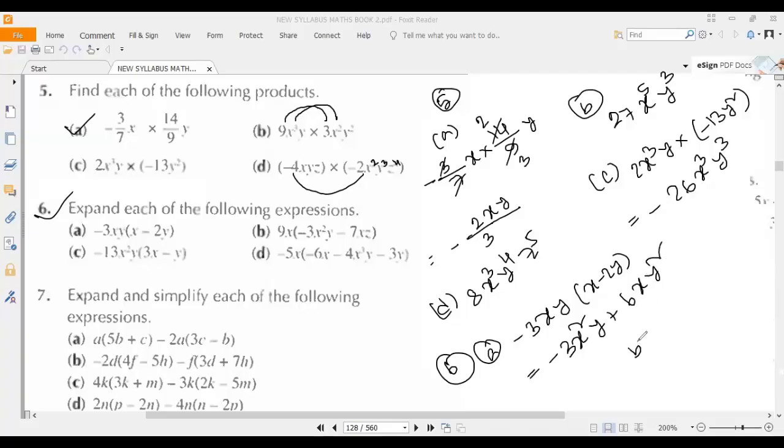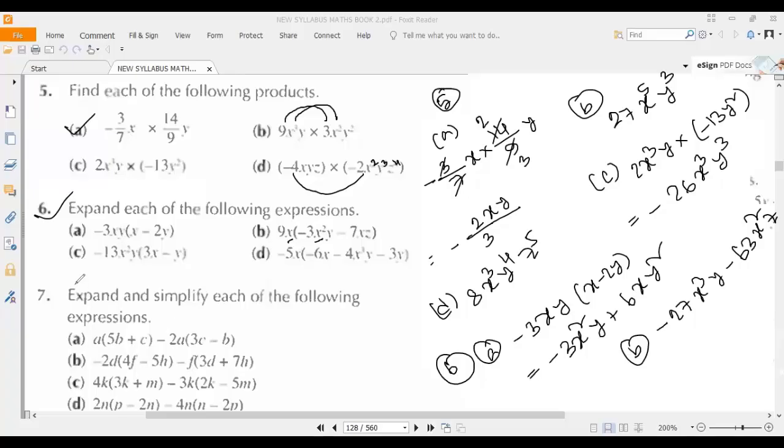Okay. Number B, 9x into minus 3y. So 9 into minus 3 is minus 27. x into x square will be x cube, and y. Minus 9 sevens are 63, x into x square z.